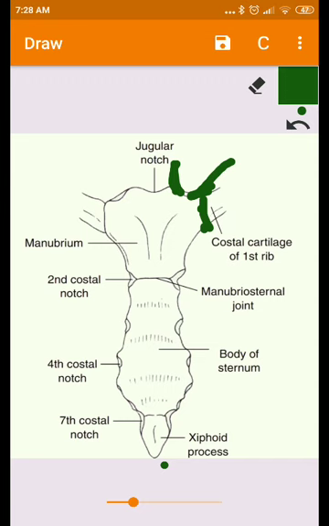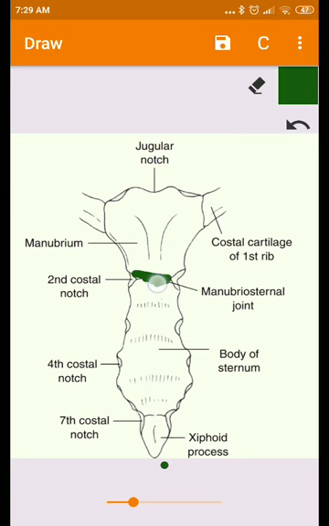So these are the articulations seen on this manubrium, and in between the manubrium and the body there is a joint called the manubriosternal joint.